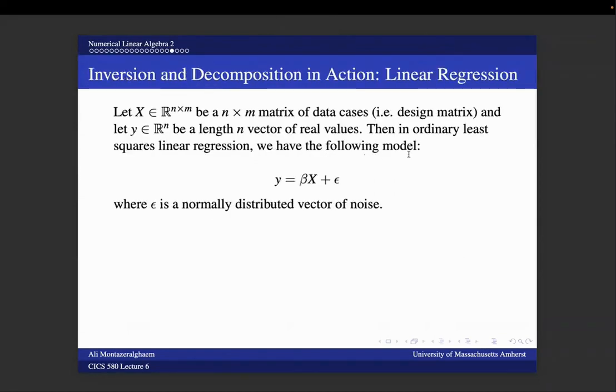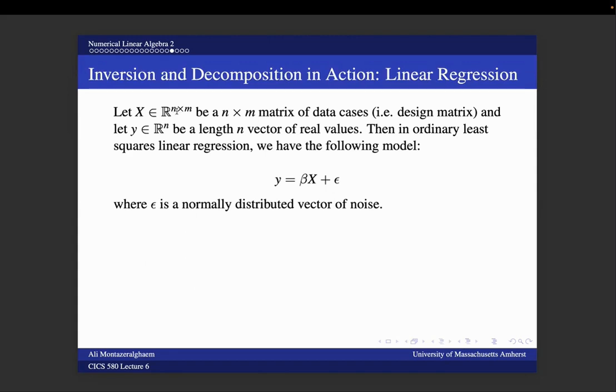So we compute the inverse of the matrix, and now we want to show how we can use it in linear regression. In linear regression, we have some data, and for example here we have x, which has n rows and p columns.